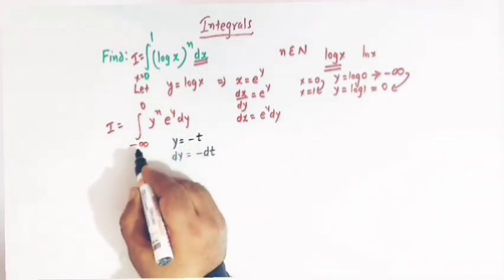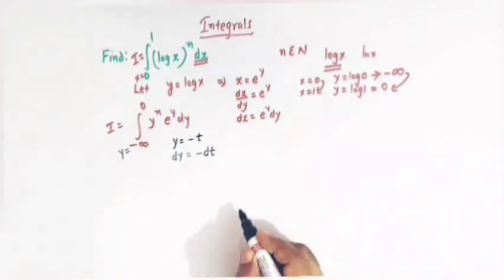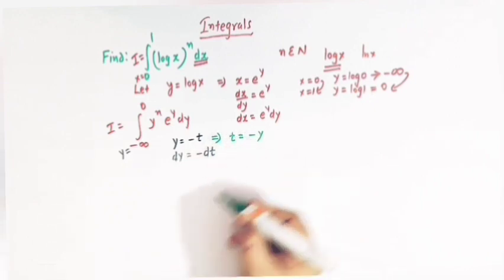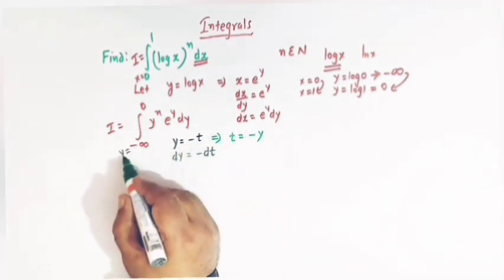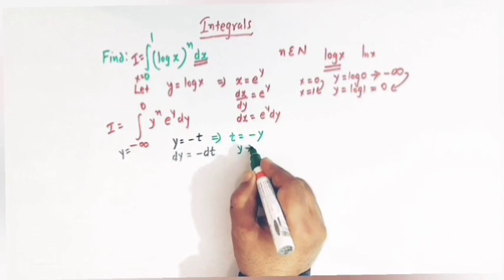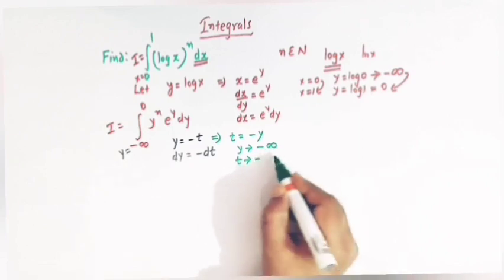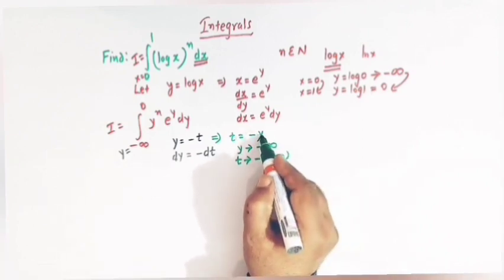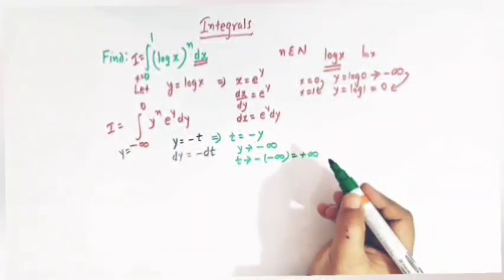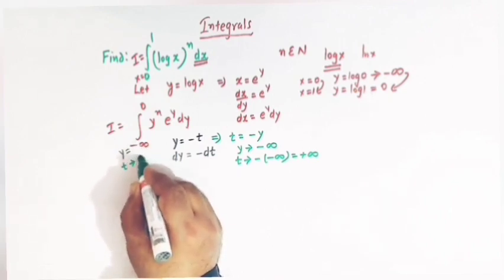Here y varies from minus infinity to 0. So let us take t is equal to minus y. When y tends to minus infinity, then t tends to infinity, because minus of minus infinity is positive infinity.